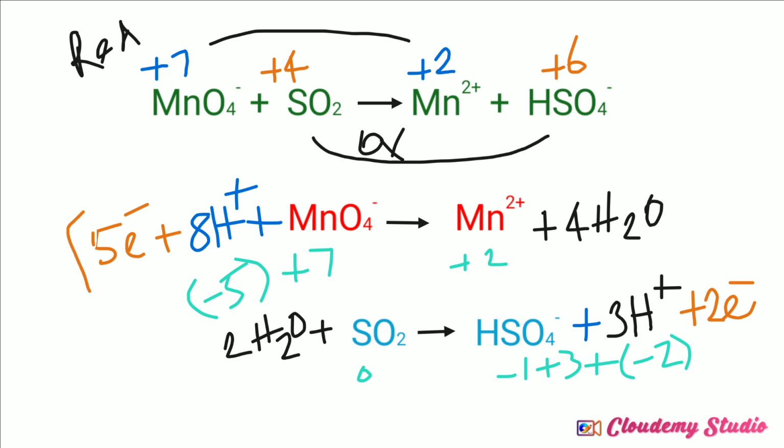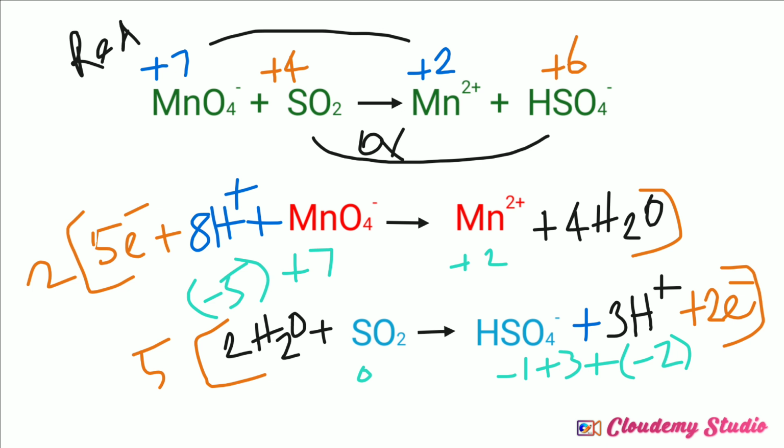The first equation, that is the reduction reaction as a whole, needs to be multiplied by 2. Similarly, the oxidation reaction as a whole we need to multiply by 5.